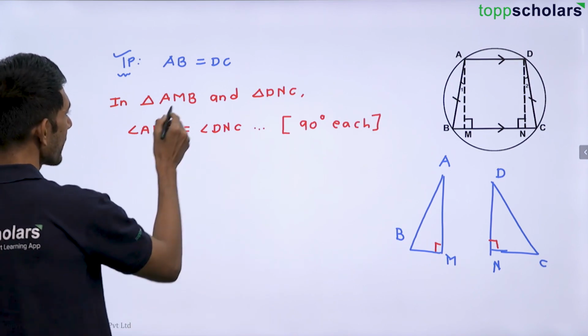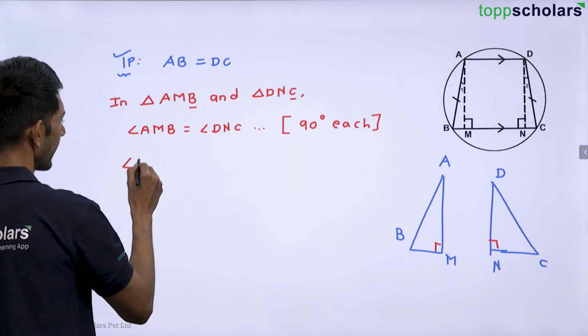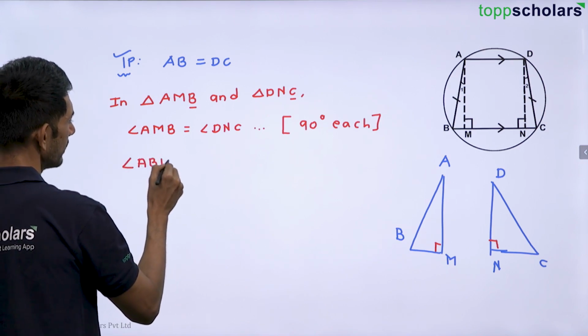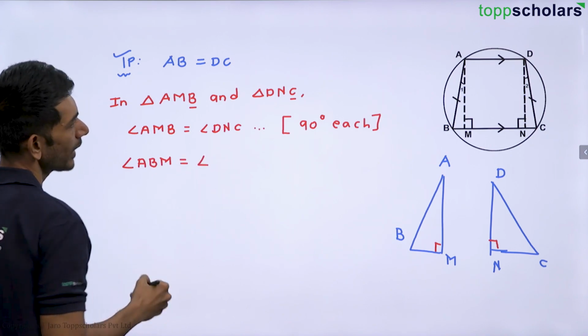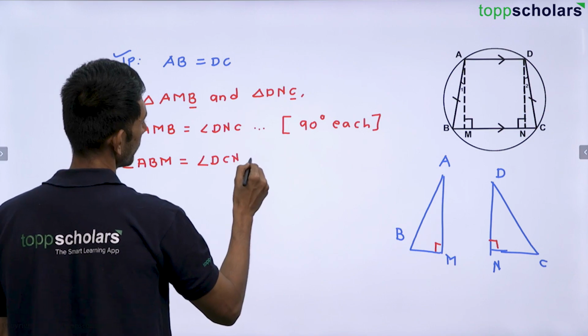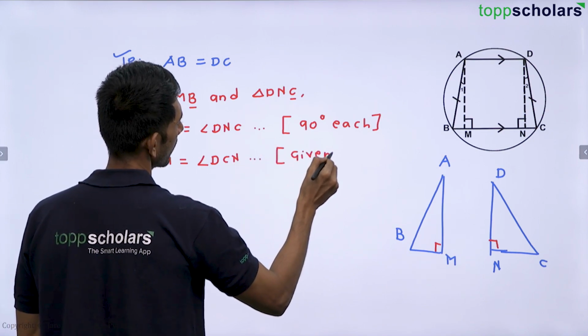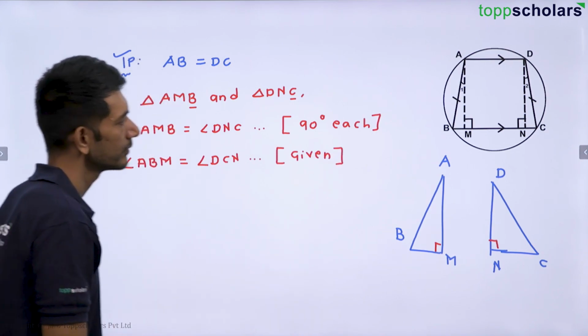Then can I say here angle B and angle C is equal? Angle ABM is equal to angle DCN, because this is given, correct?